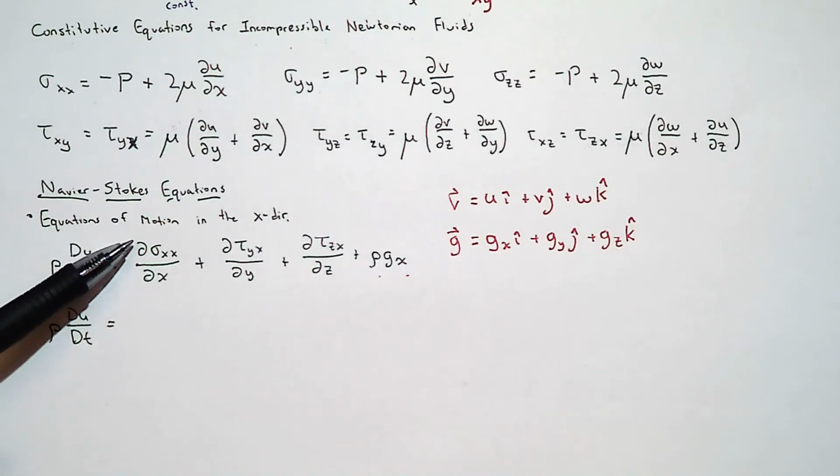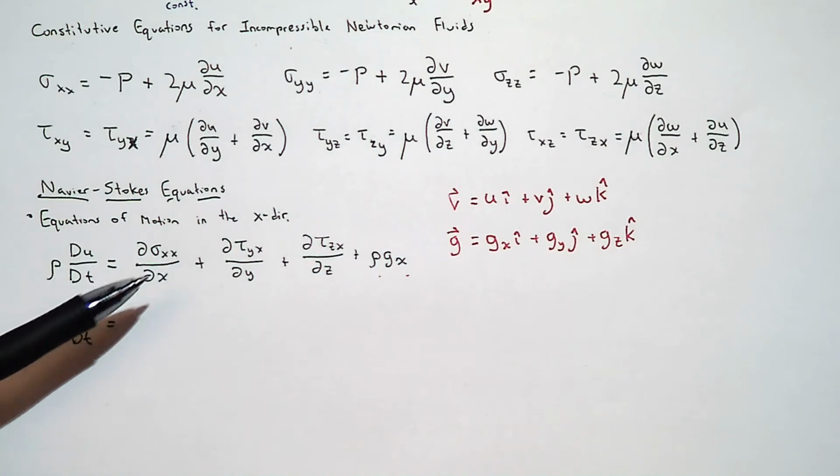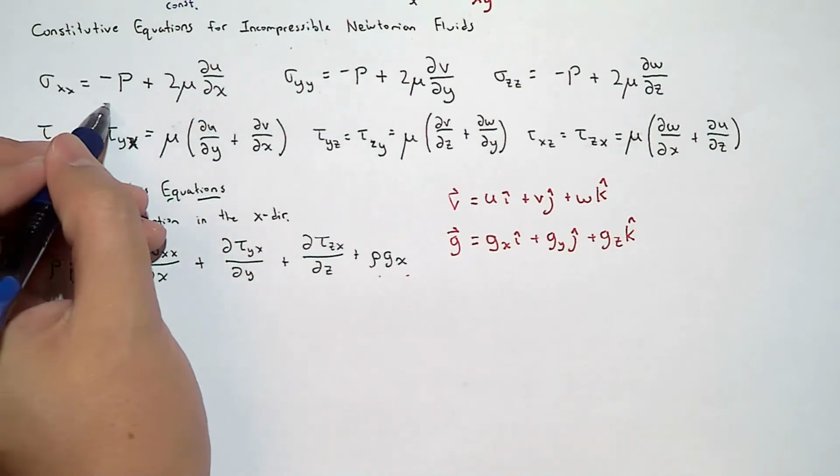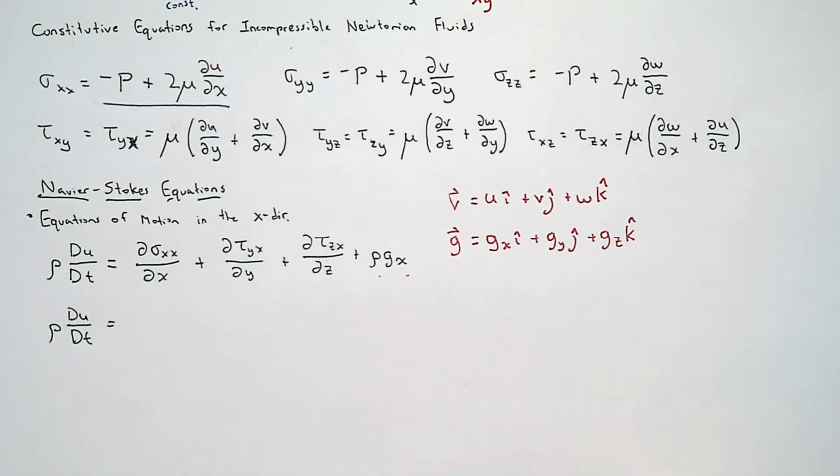So we're looking at the change in normal stress xx with respect to x. So first off, what is that normal stress if it's an incompressible Newtonian fluid? Negative P plus 2 times the viscosity times the partial of U with respect to x. Exactly, right? We have our normal stress in the x direction.